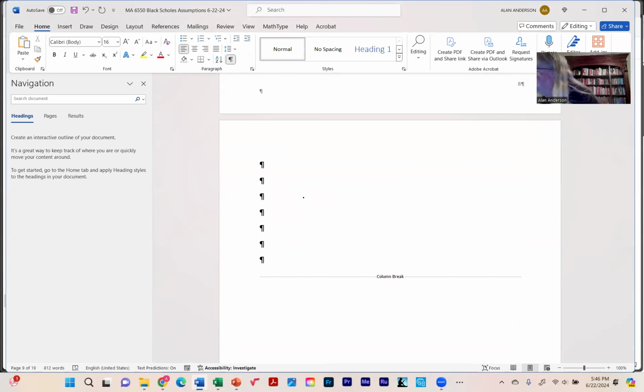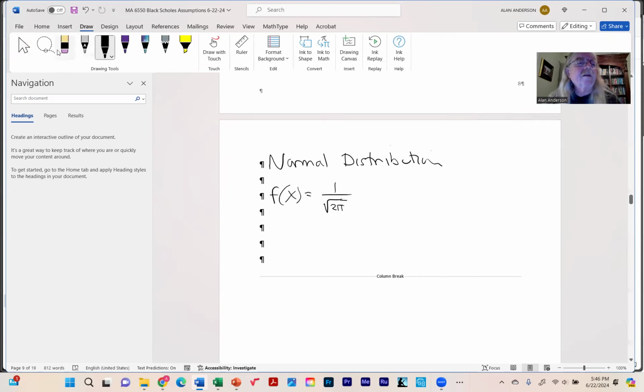So for the normal distribution, the function that assigns probabilities, in other words, the curve represents what I'm about to draw here. I have to be a little careful here. Let me make it a little bigger.